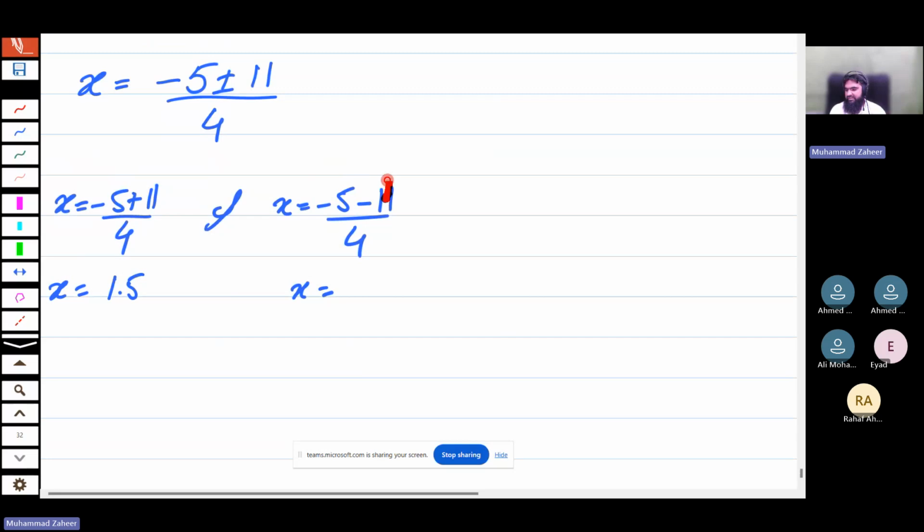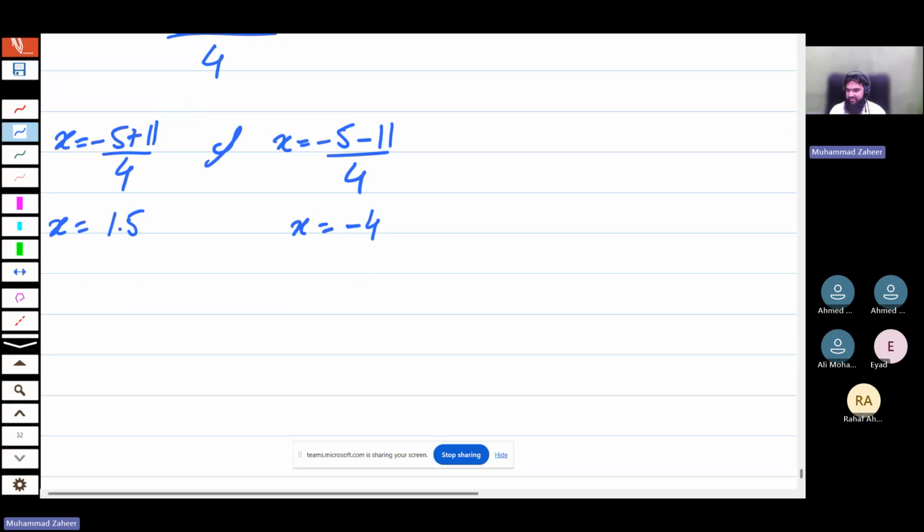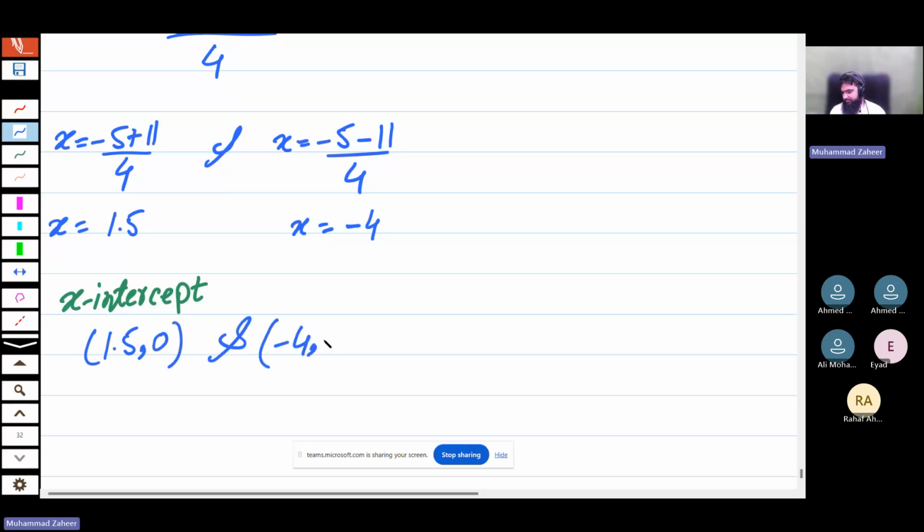And minus 11 minus 5 will be minus 16, and 16 over 4 will be minus 4. So we get the x-intercepts 1.5, 0 and minus 4, 0.